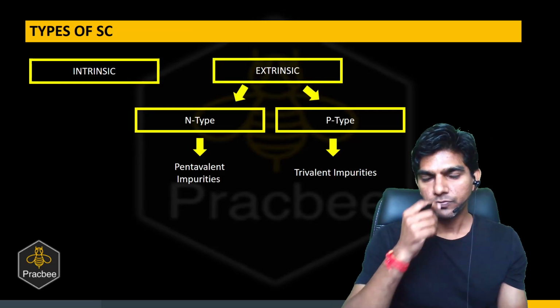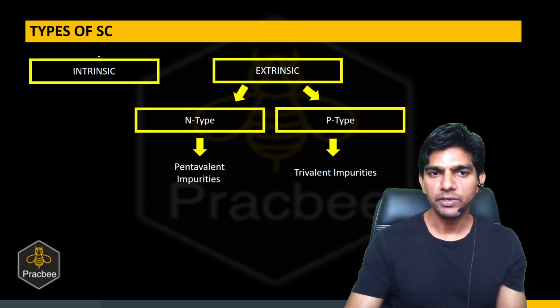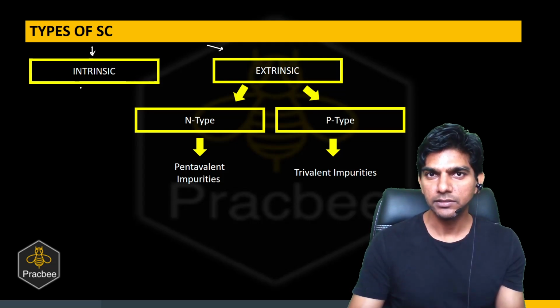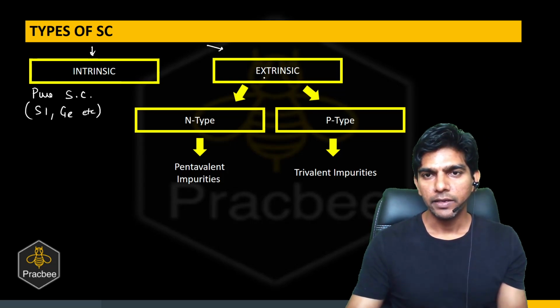Okay, now let us see the different types of semiconductors that we have to study. We can categorize semiconductors as intrinsic and extrinsic. Intrinsic semiconductors are pure semiconductors, like silicon, germanium, etc. And what are extrinsic?